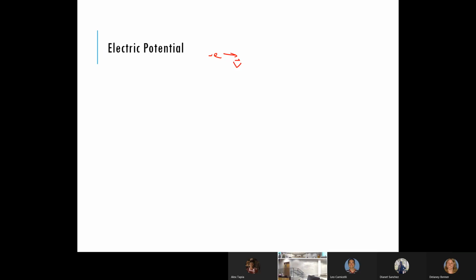If the electron is slowing down, that means the direction of its velocity is opposite that of the force acting on the electron. So I've drawn the velocity going to the right. That means that the force of the electric field on the electron must be going to the left.